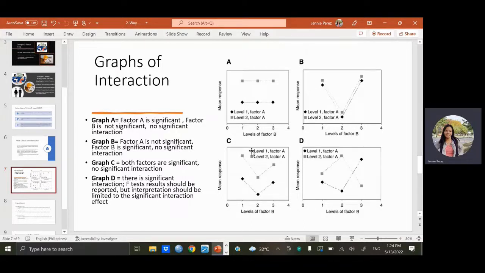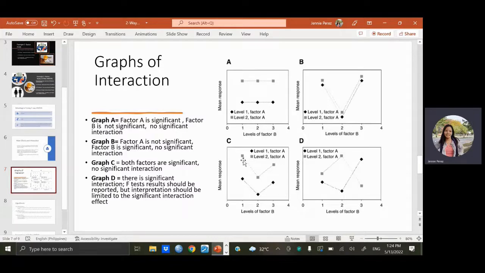graph B. Now in graph C, we can see that both factors are significant, but there is still no significant interaction between factor A and factor B. You see that the two lines are far from each other, and the diamonds and the squares are not leveled off, unlike this one here.